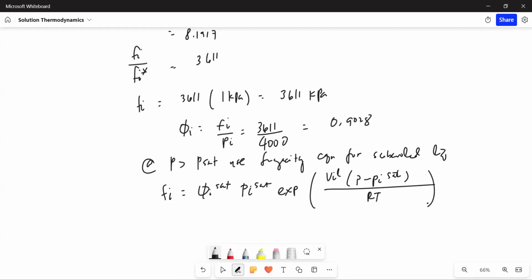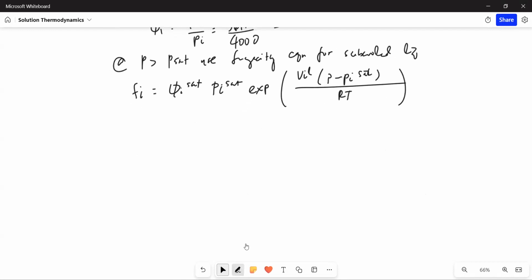So this is our equation. Do we have everything that we need to calculate the fugacity?